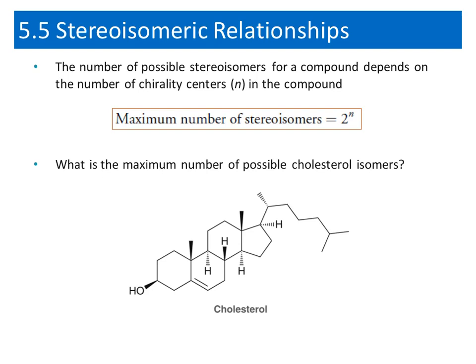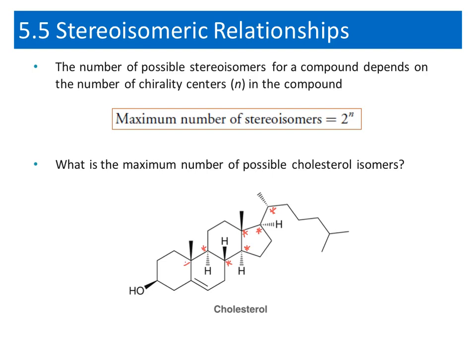So let's look at the structure of cholesterol and see how many stereoisomers we can draw for that. The first step is to identify the chirality centers. Cholesterol has 8 chirality centers.